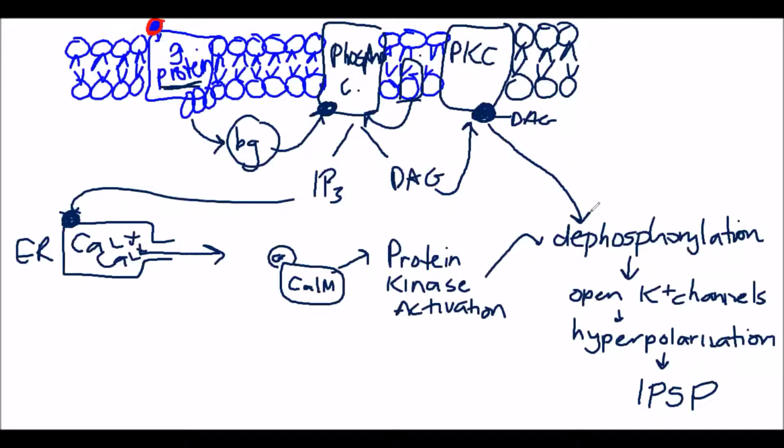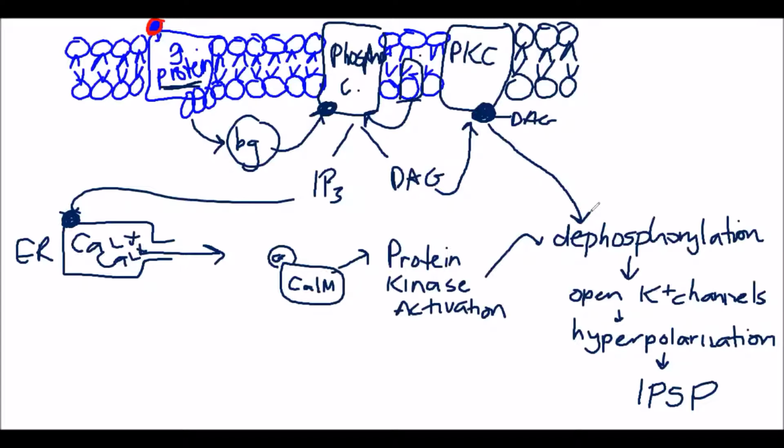So let me walk you back through this again just to simplify it a little bit more. The first thing that's going to happen is we're going to have a neurotransmitter or a ligand binding to our G protein receptor, and normally it's going to be ACh, or acetylcholine. So we have acetylcholine binding to our G protein receptor.